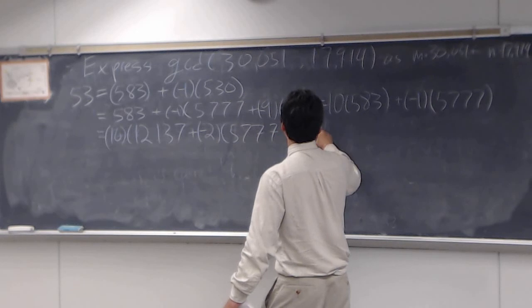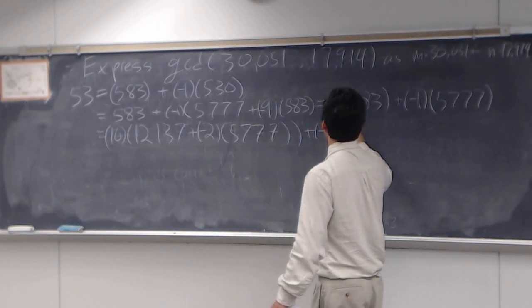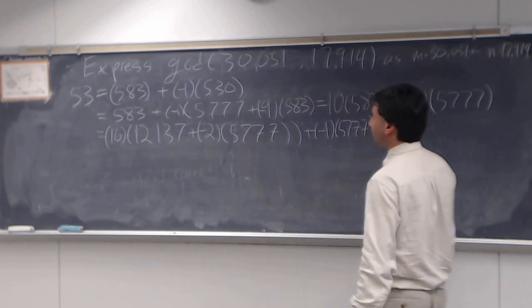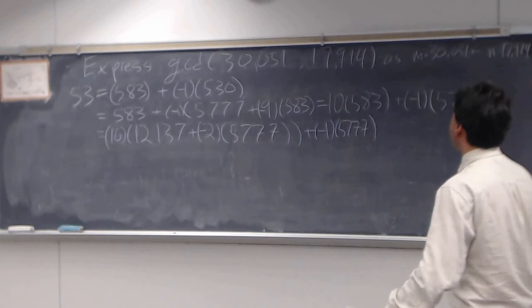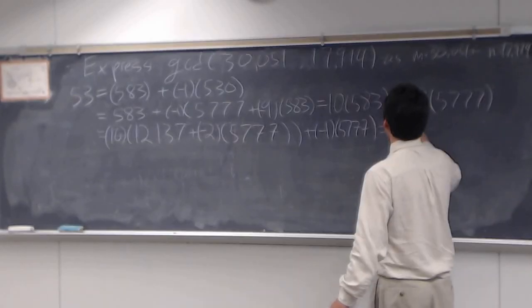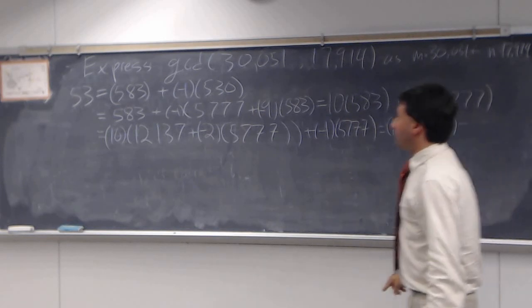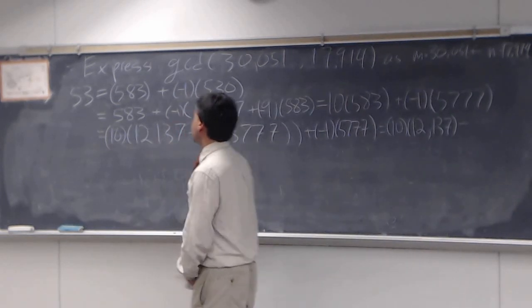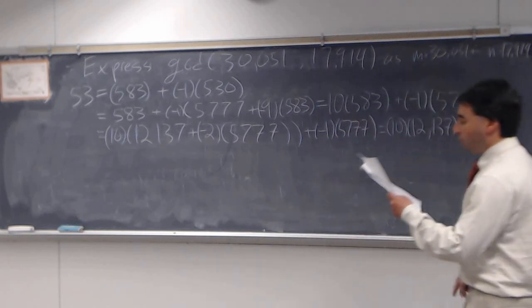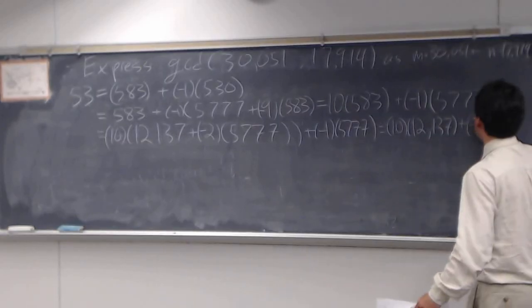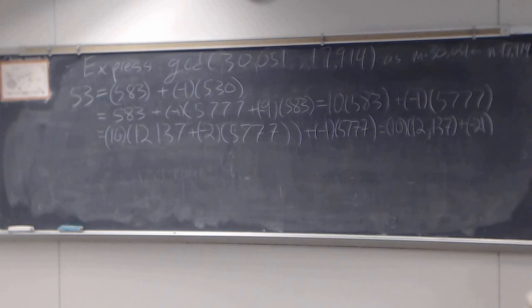And then we still have a negative 1 of these. So when we distribute through the sign, we'll have 10 of these 12,137. And then this will be a negative 2 times 10, which is a negative 20. With the other negative 1, that would give us negative 21. So plus negative 21 times 5,777. Now let me go over to the computer screen and make sure this is picking this up. And it is.